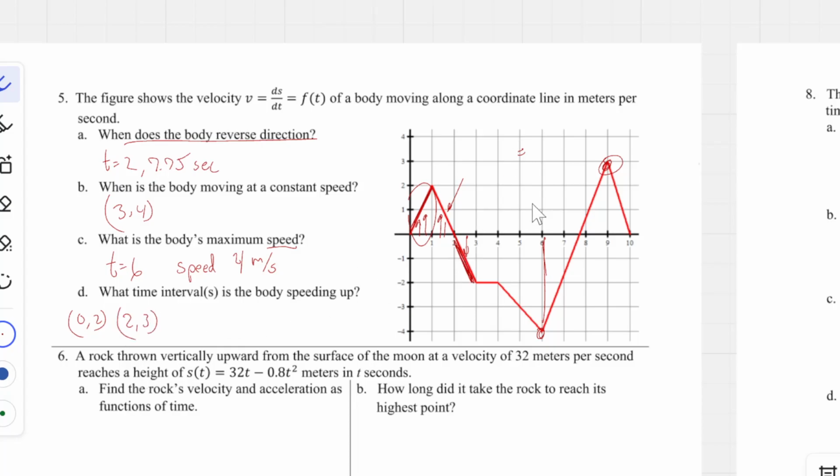Same sign, it's speeding up. Acceleration is 0 there, so that's not it. 4 to 6, speeding up, it's negative velocity, negative acceleration. Positive acceleration, negative velocity? Nope. Positive velocity, positive acceleration. Negative acceleration, positive velocity. So it's out.